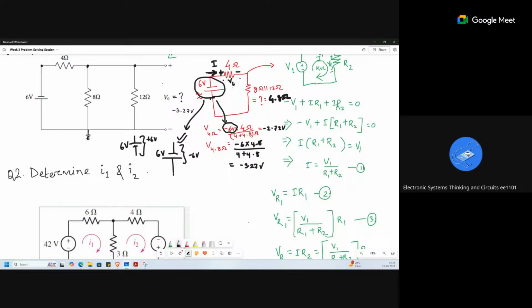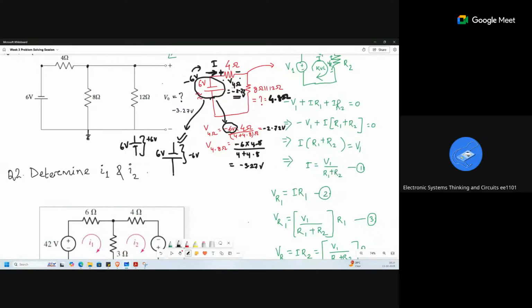That will be your V4 ohm, and this V4 ohm equals minus 2.72 volt. The voltage drop you are getting is negative because your minus 6 volt is the supply voltage. That's why the drop is also in negative form. Okay, ma'am, thank you.